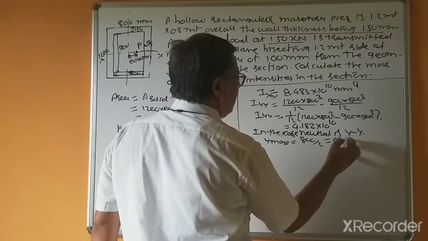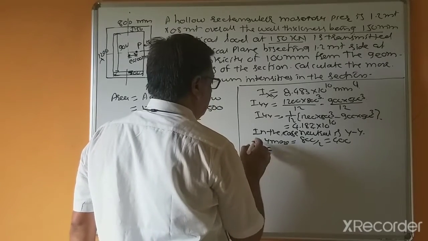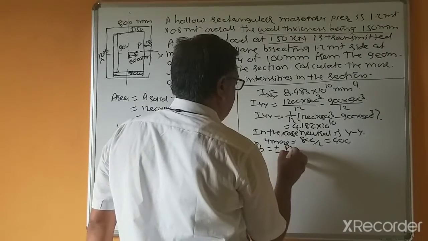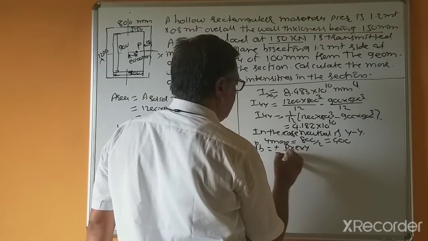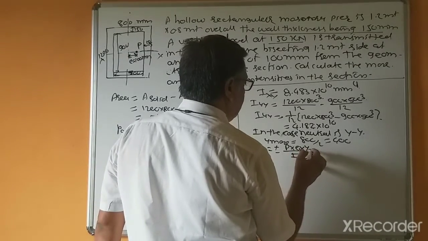This is 400, and sigma b equal to plus minus P into e multiplied by y divided by I yy, and this is ey.